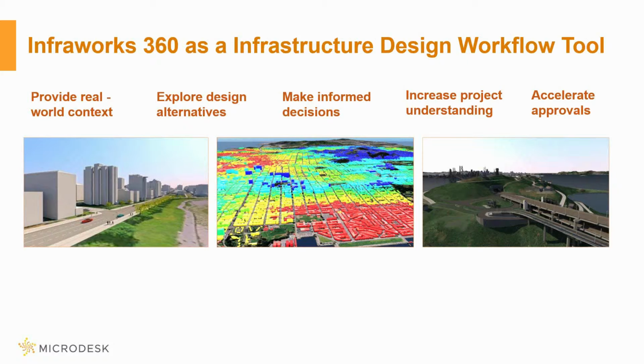We can make smarter decisions about how our model will perform using a lot of analytics and simulations so that we don't send our projects over budget by designing them first instead of analyzing them first. We can also share designs with internal and external stakeholders, even the non-technical ones. They don't have to be technically savvy. They can actually open up these models and look around in them. And it's easy to understand and ultimately helps accelerate the approval process.